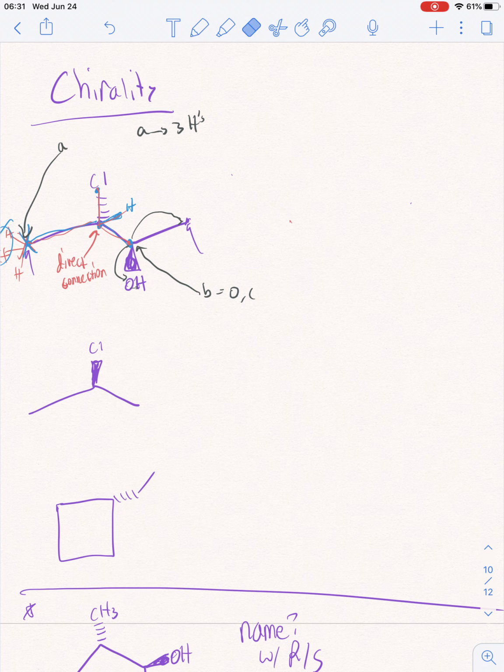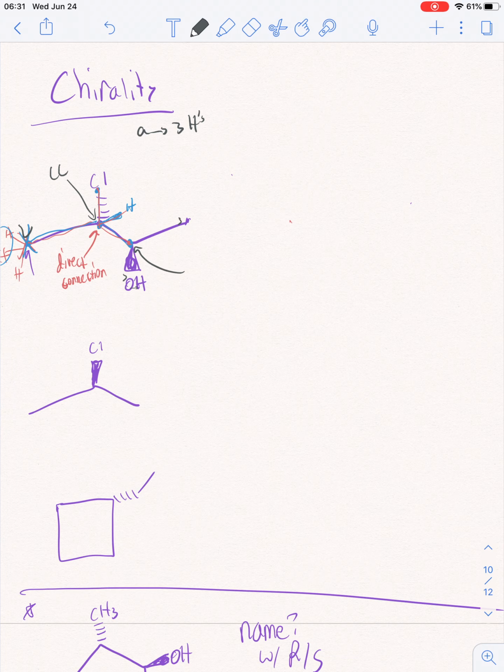I know this is super messy, but I'm going to erase these because it's just not enough space. But we now know this one is a chiral center. Okay, let's go to here.